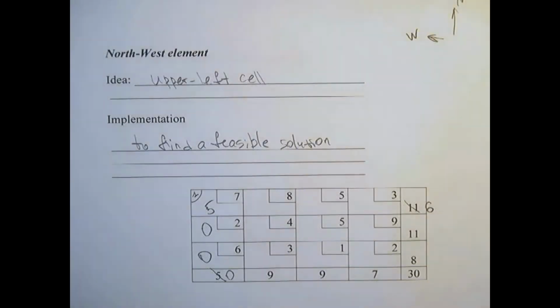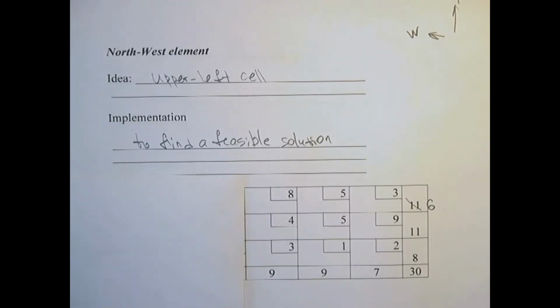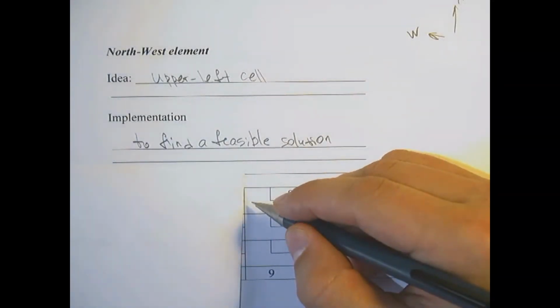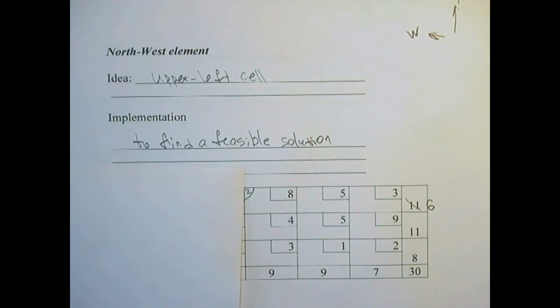So let's continue with the next step. Now, assume that there is no first column in this table, and we continue with the new small table. What is the next step? What is the upper left cell in this case? It is here, and it is the second step, and we fill this cell with the shipment volume. The remaining supply is 6 for the first supplier, and demand is 9.